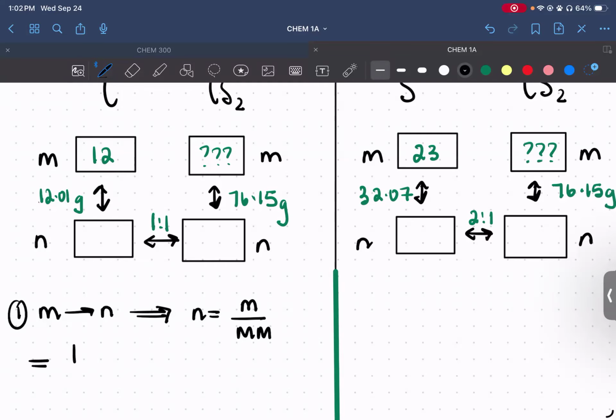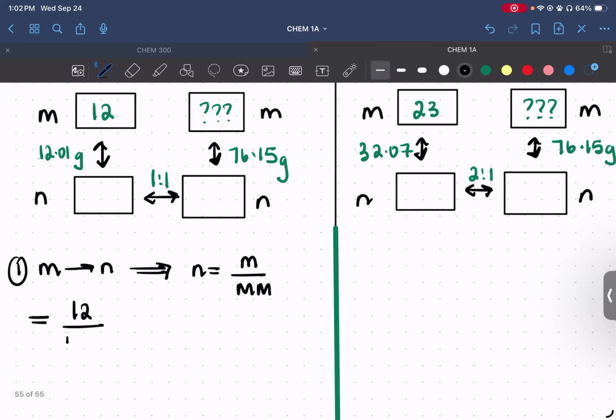This is what tells me the mass 12 divided by the molar mass 12.01. This will be approximately equal to 0.999, which we can round up to a flat 1. I always like to keep track of my numbers by incorporating them into the roadmap. That way I understand what's going on.